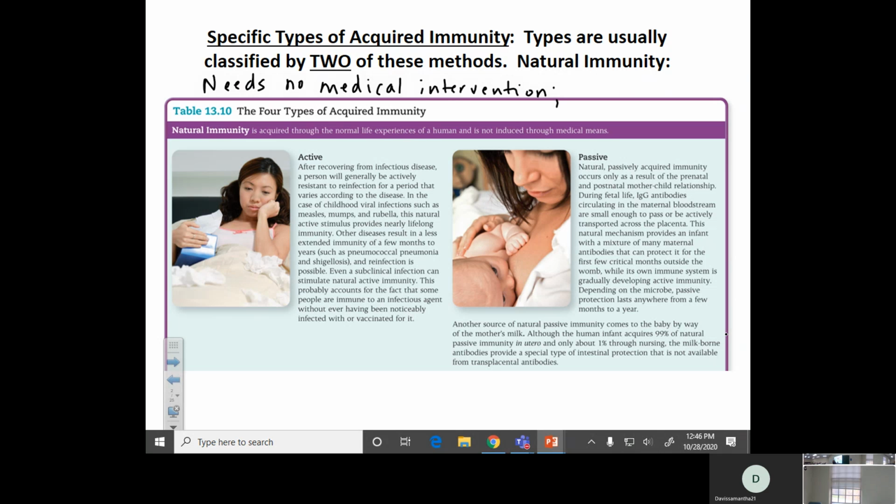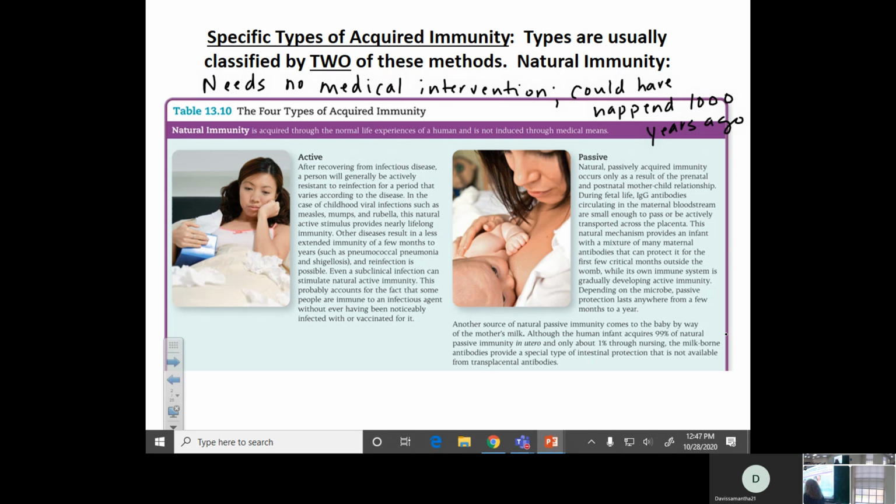It doesn't need medical intervention, and it could have happened 1,000 years ago, before we even had modern medicine. That would be considered a natural way of getting immunity.